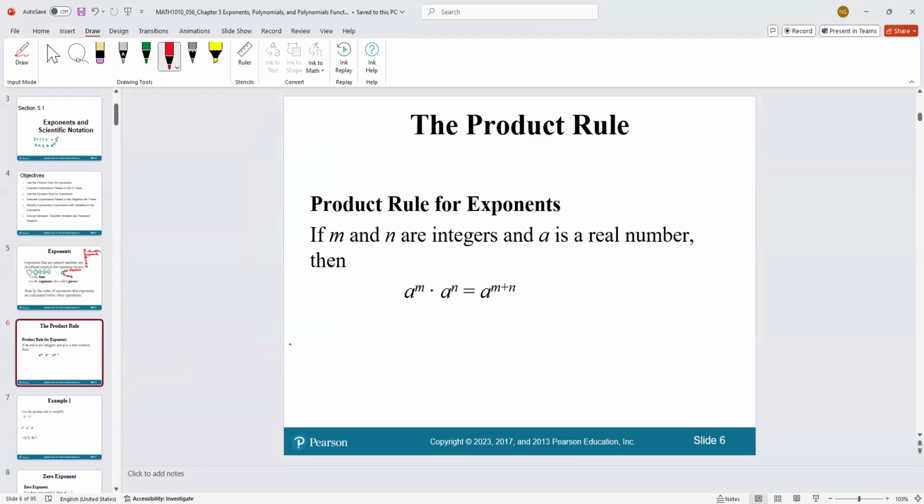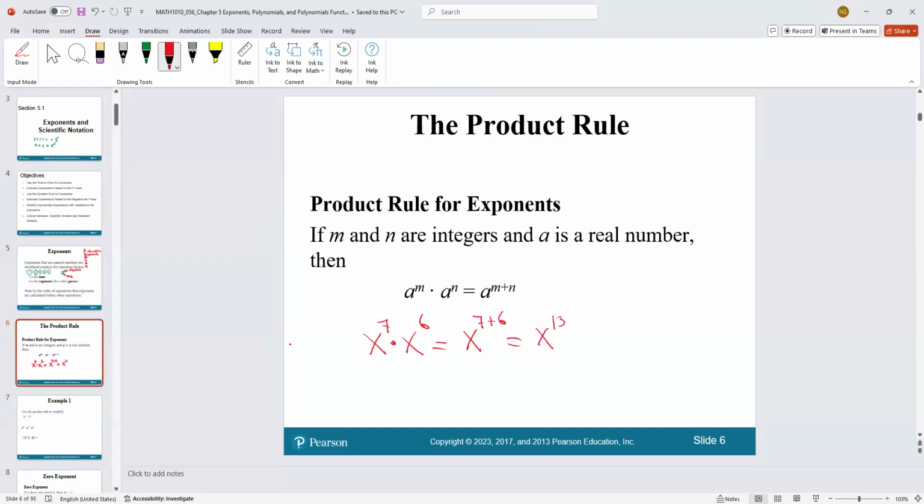In other words, the product of exponential expressions with a common base is the common base raised to a power equal to the sum of the exponents of the factors. Let's say I have x power 7 times x power 6. Because the bases are the same, I can just add the exponents. So now I have x power 13.